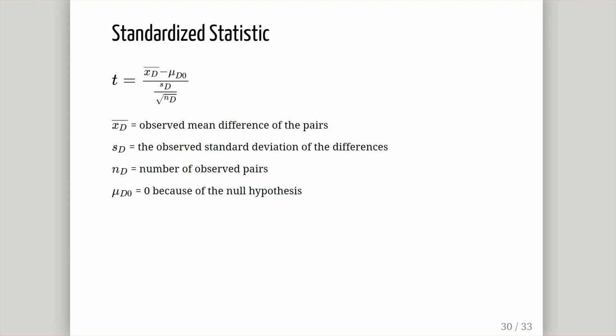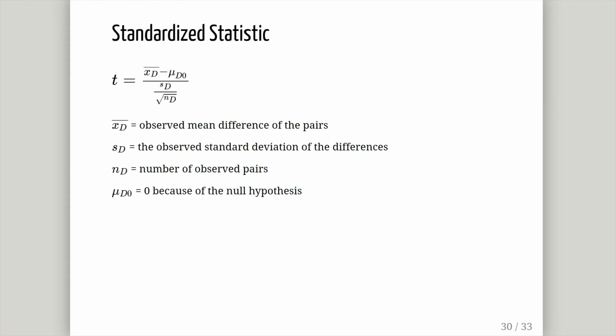And then you'll use the same strength of evidence guidelines you're used to. Those strength of evidence guidelines are best found in chapter 1. So if your standardized statistic is far away from 0, then you're going to have more evidence against the null hypothesis.